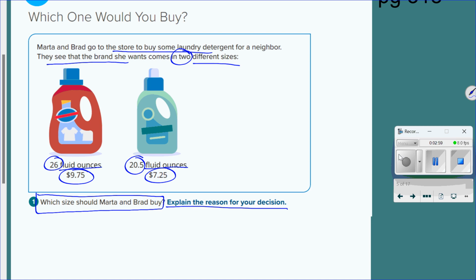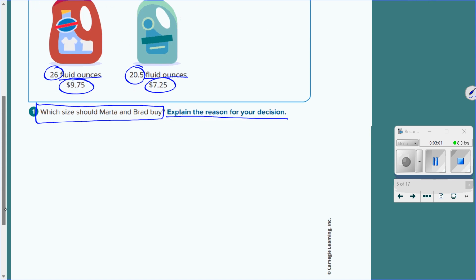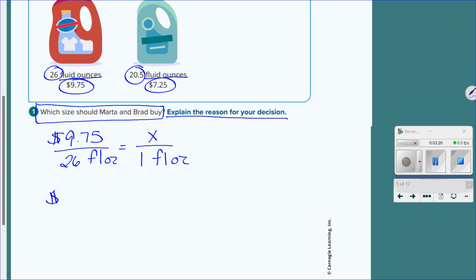So I am starting with, I know, $9.75 for 26 fluid ounces, yes? But to compare them, I want to know how much for 1 fluid ounce. Just like what we did on our review, guys. Then I know that it is $7.25 for 20.5 fluid ounces. And I want to know how much for 1 fluid ounce.